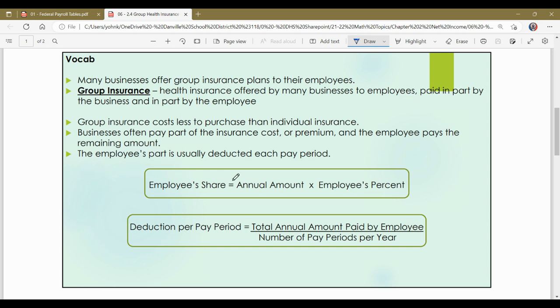And so the employee share is the annual amount of the insurance times whatever percentage the employee is responsible for. And then if I wanted to find how much was deducted per pay period or each paycheck, I would take the total amount that's paid by the employee and divide by the number of pay periods. That'll tell me how much goes on each paycheck.